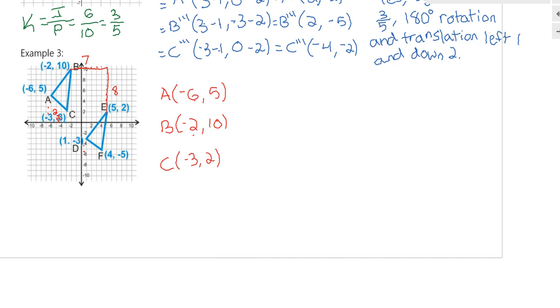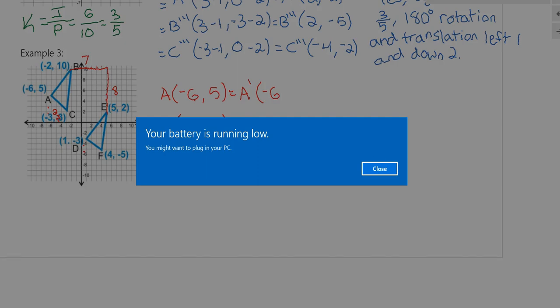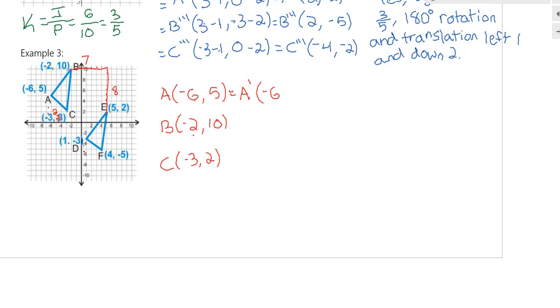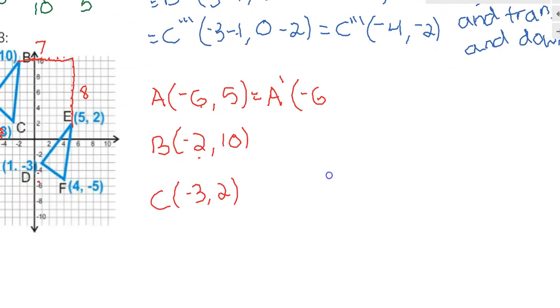Okay. So I'm going to show mathematically what these new points would be. Negative 6, oops, it's right, so it's positive, and of course it moved.